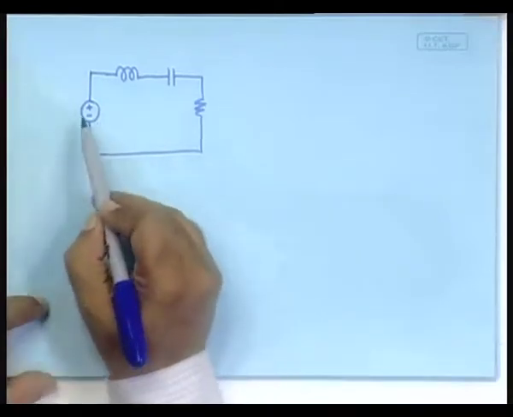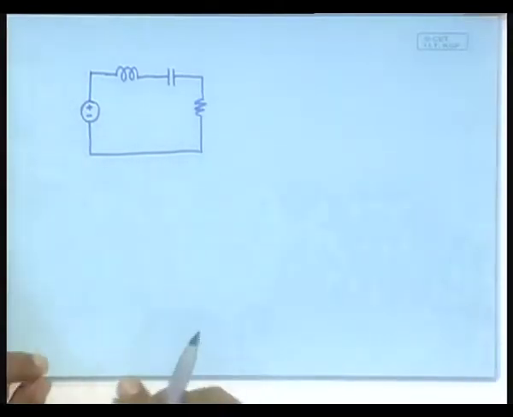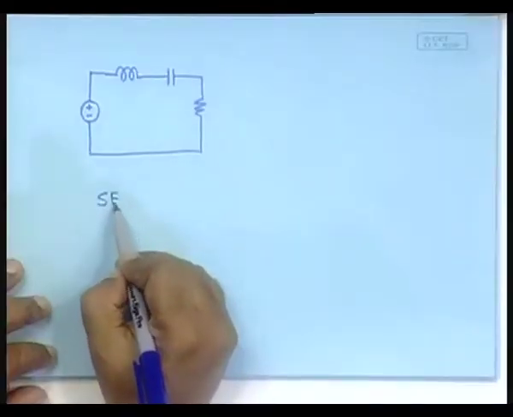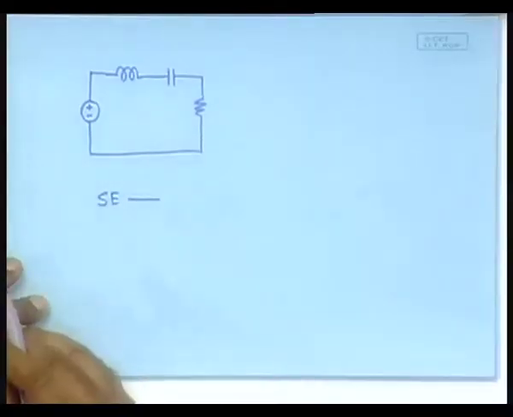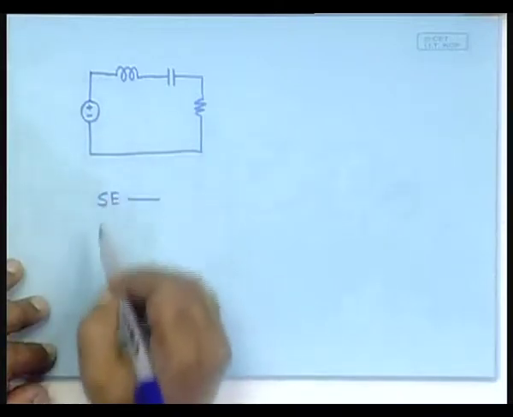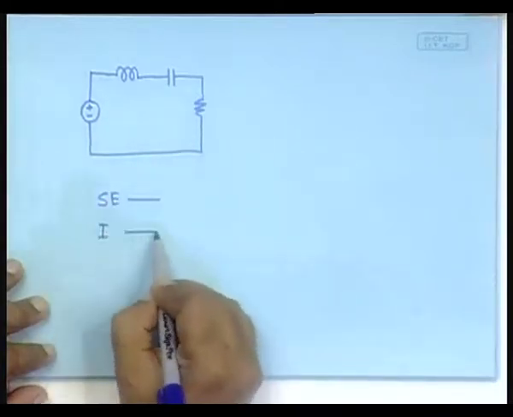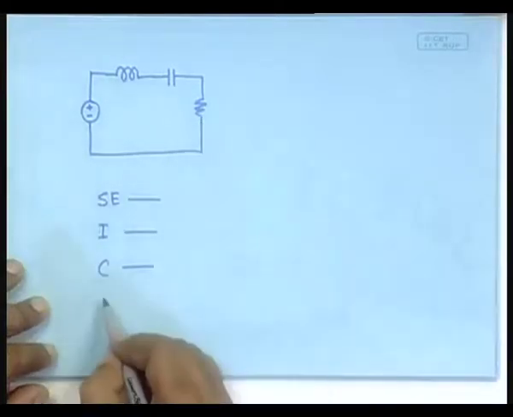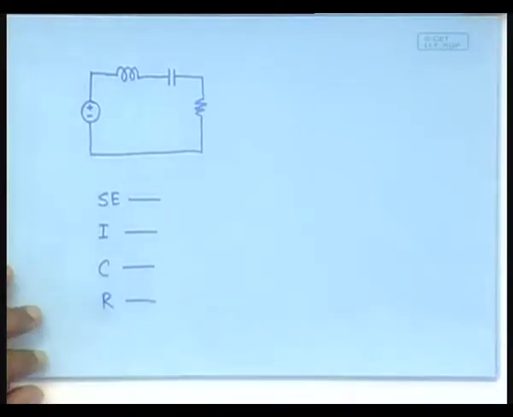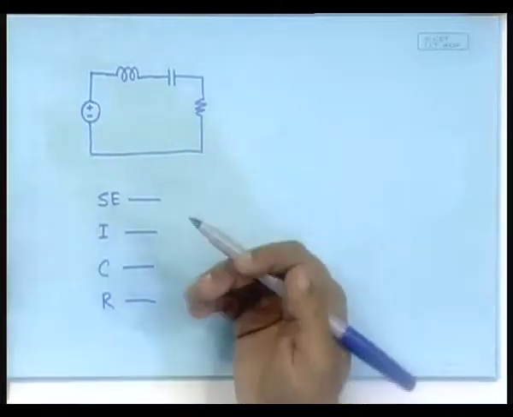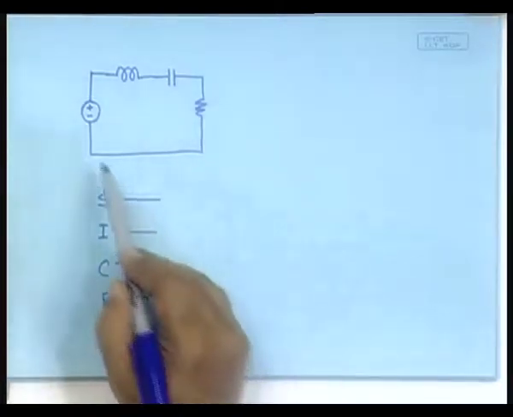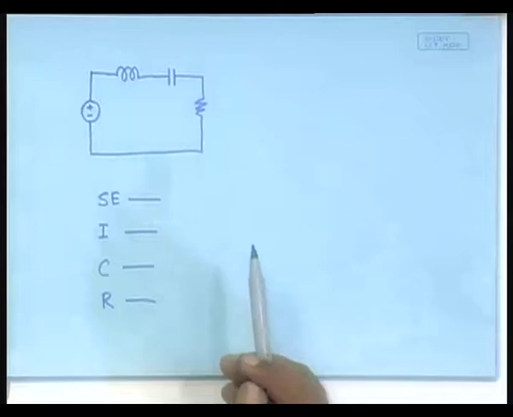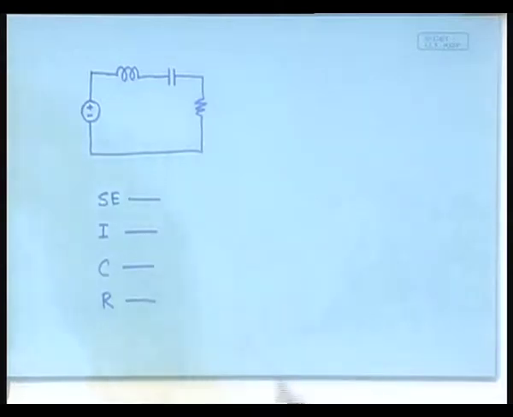We know that the SE element will be just like this SE, the inductor will be I, the capacitor will be C and the resistor will be R, but how are they interconnected? The moment you look at it, you notice that they exchange information in a very, very specific way.